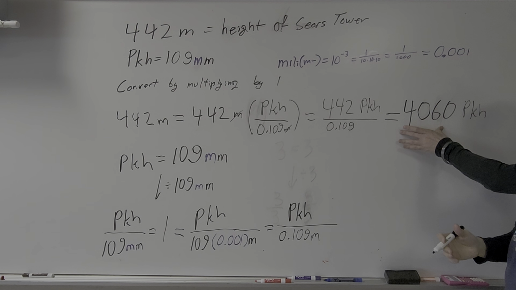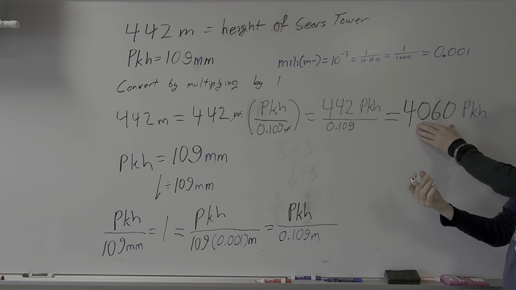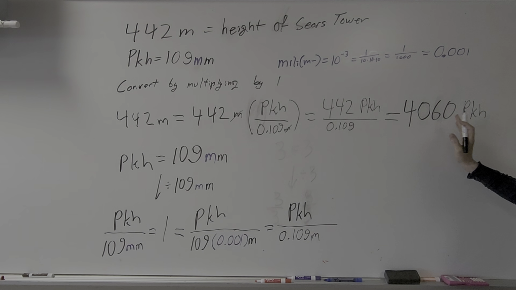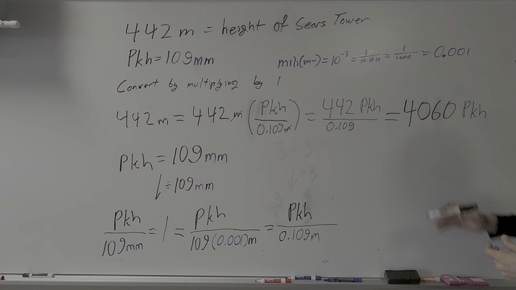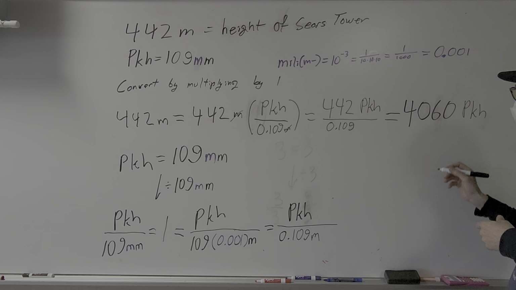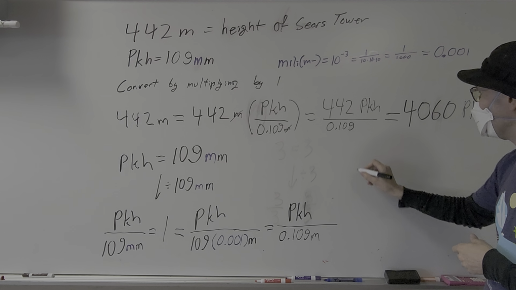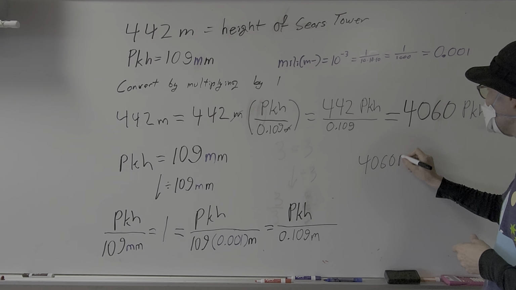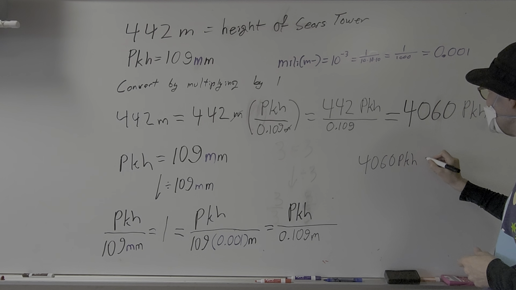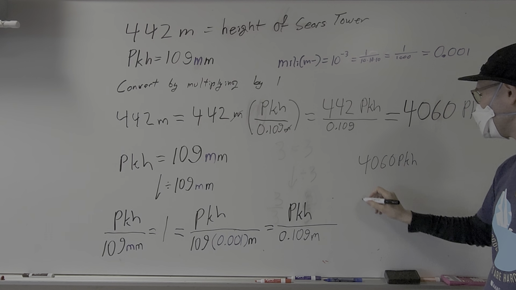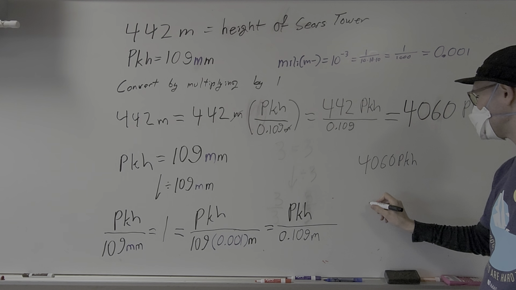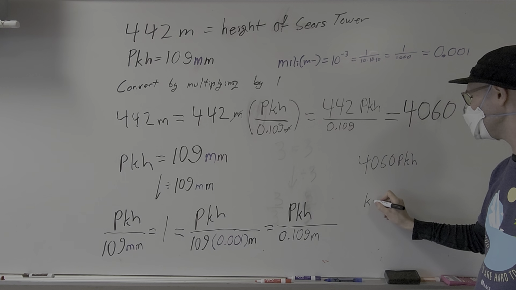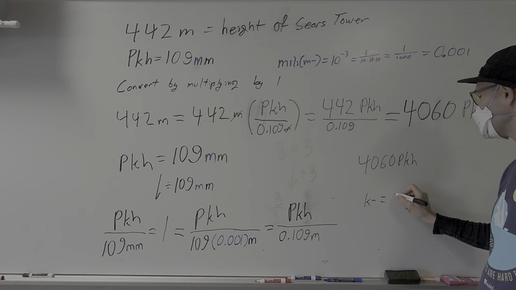In this problem, we're not supposed to have more than 3 digits in front of the decimal point. Since I have 4, I need to convert this to a metric unit. One way of doing that is to also do that multiplication by 1. So I have 4,060 percentile hands. Jumping a step ahead, the prefix kilo equals 1,000.